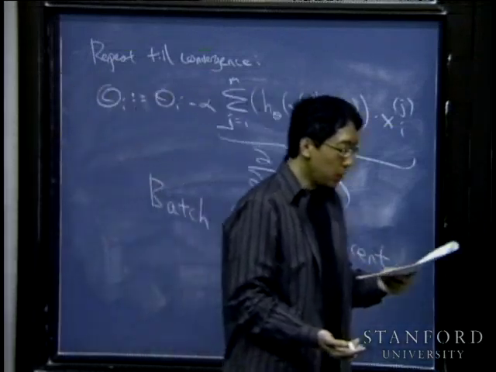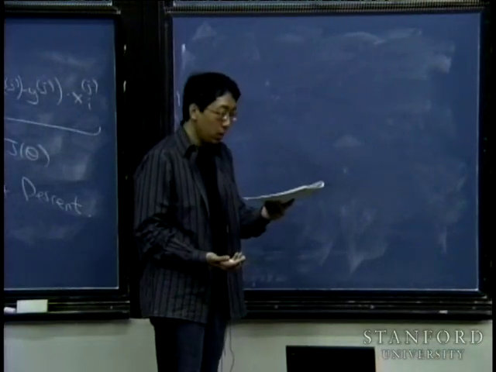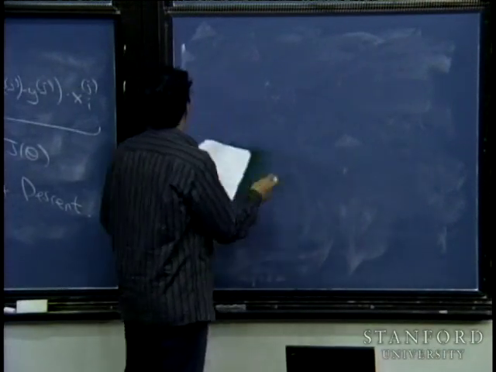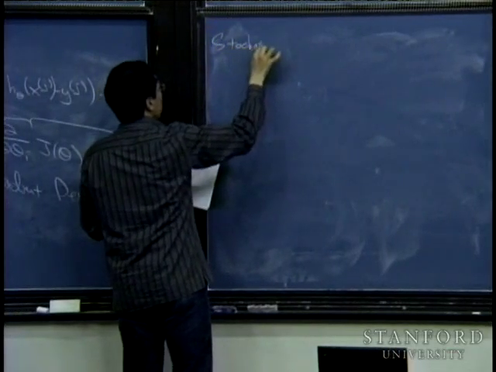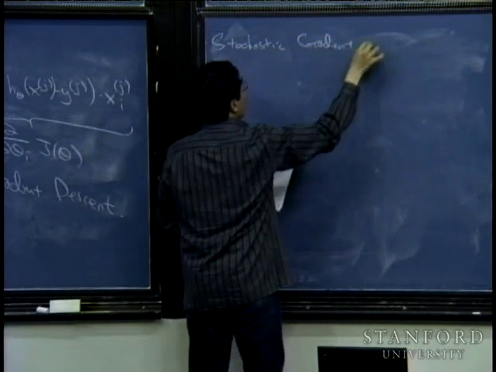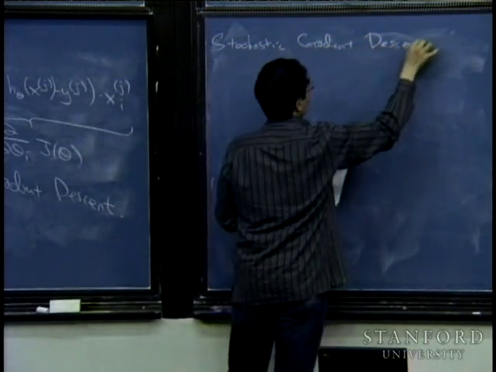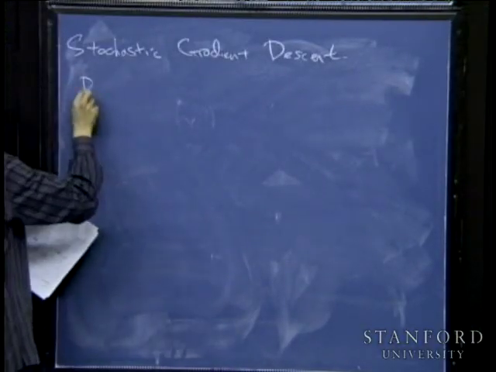So when you have very large training sets, let me write down an alternative algorithm called stochastic gradient descent. Sometimes also called incremental gradient descent. The algorithm is as follows.